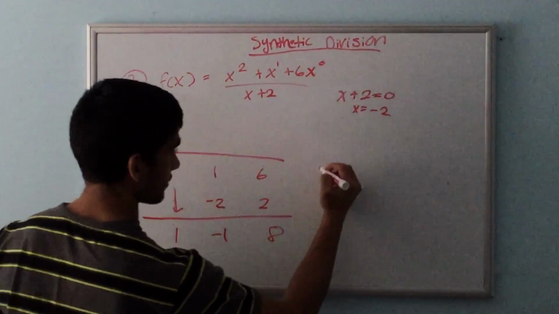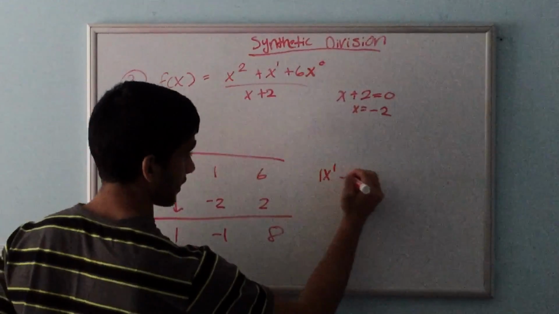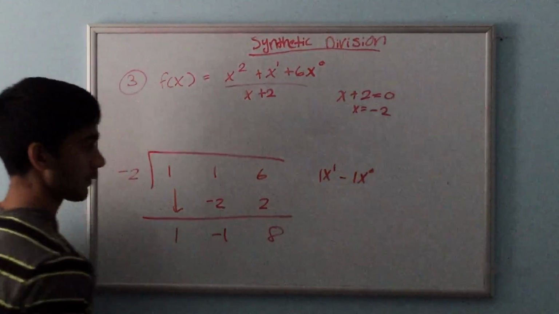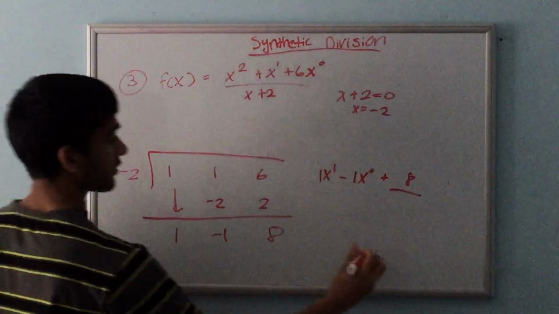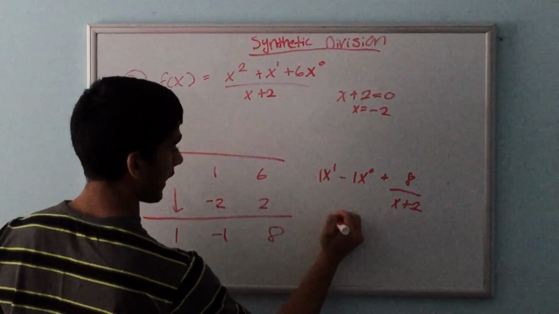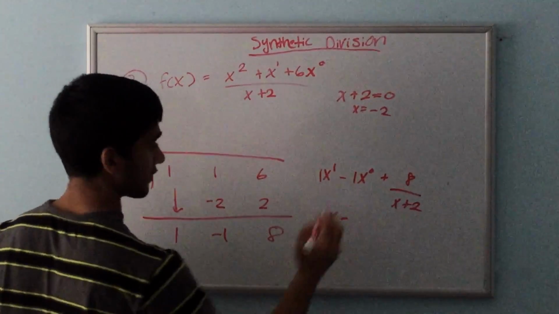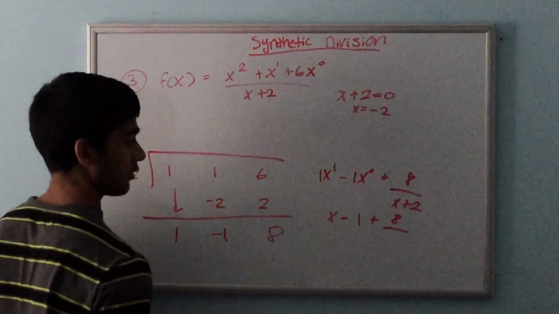So what we get is 1x to the first, because that's the highest power, plus -1x to the 0th power, plus, remember the remainder, over the bottom, x plus 2. Simplifying this out, we get x minus 1 plus 8 over x plus 2.